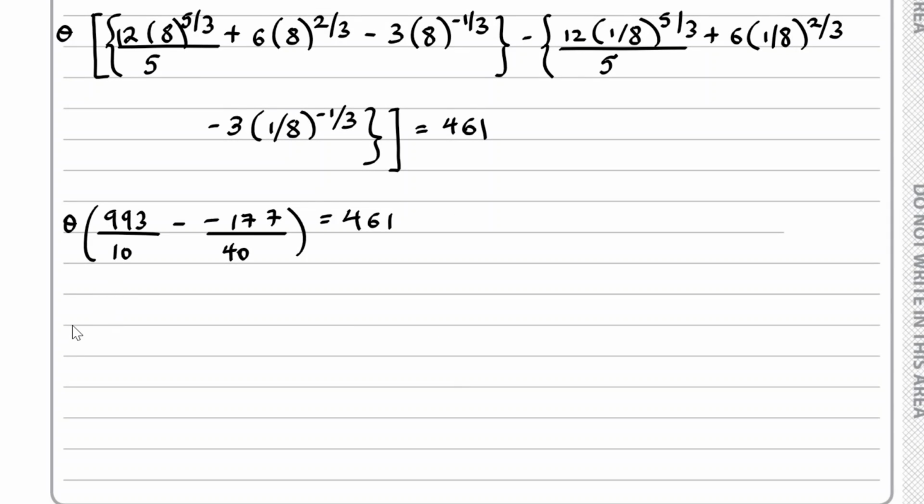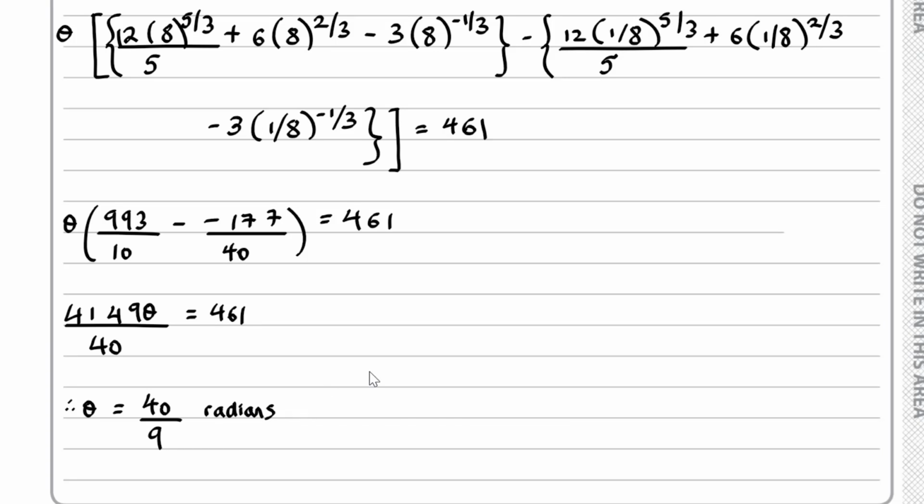So we have 4149 theta over 40 equaling 461, and therefore theta we can find out to be 40/9 radians.